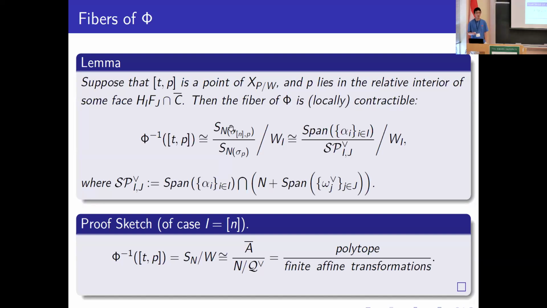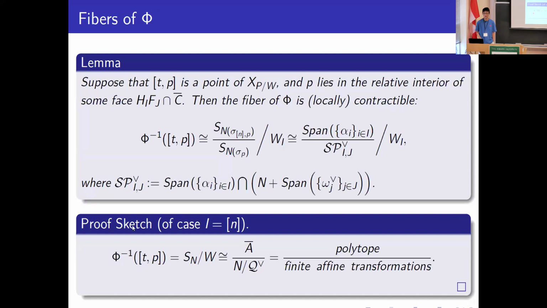We can get this quotient by following the commutative triangle from earlier. And again, we can observe this quotient on the level of the Lie algebra. We get the third description. And as for the proof of this lemma, I just want to tell you about the case where I is equal to M. As for other cases, the proof is similar.